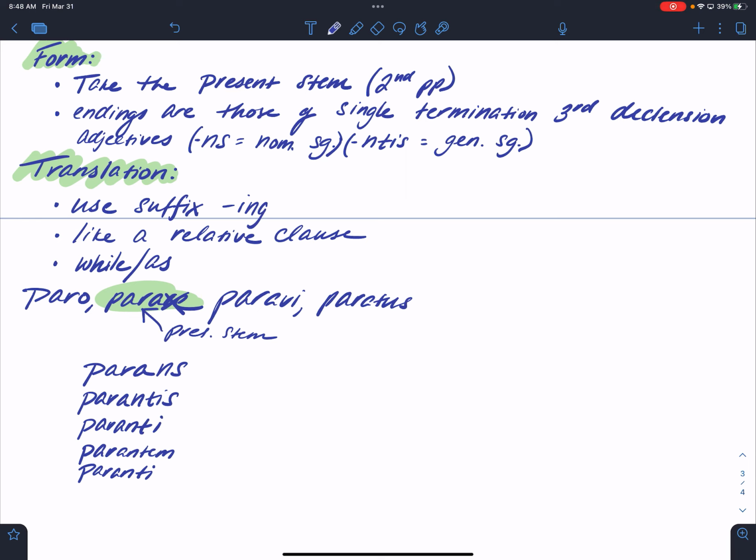All right, and then in the plural though, it's pretty regular. So we've got our third declension nominative plural, parantes. Then we're gonna go parantium, parantibus.